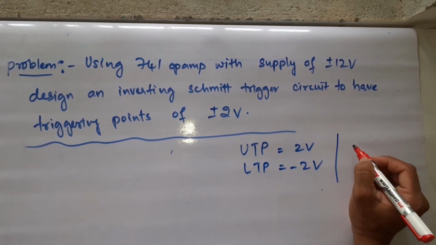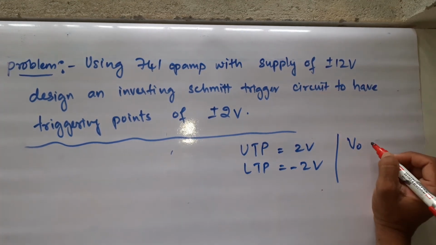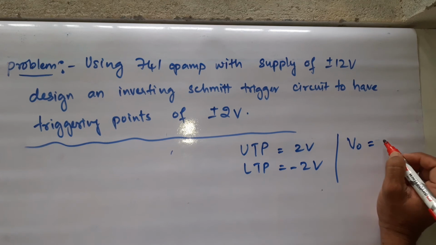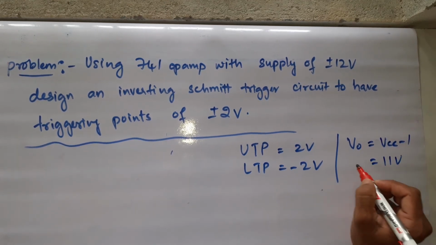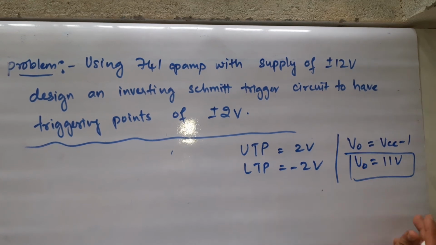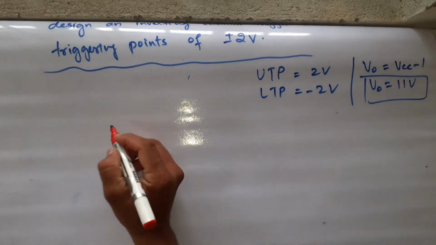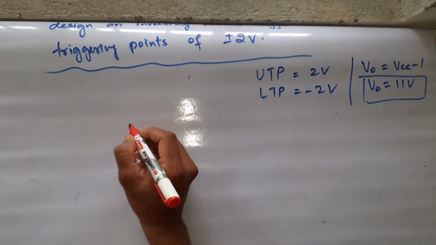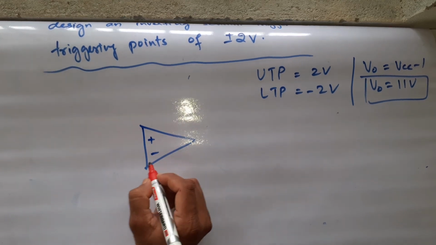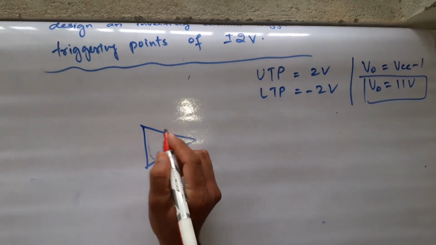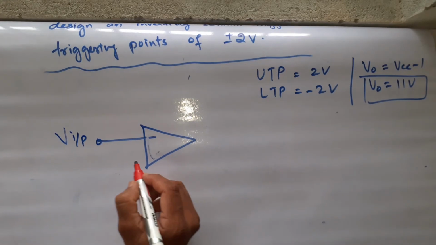Alright. Another thing, V0 will be how much? If VCC is 12, V0 will be VCC minus 1, that is 11 volts. Alright. So better you draw the op amp in inverting Schmitt trigger circuit. Minus is given as input, right?